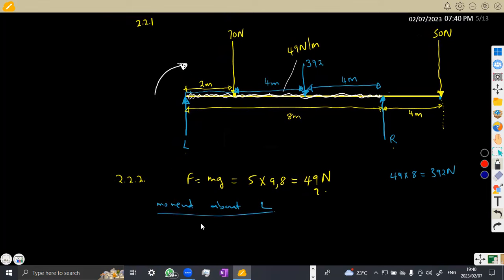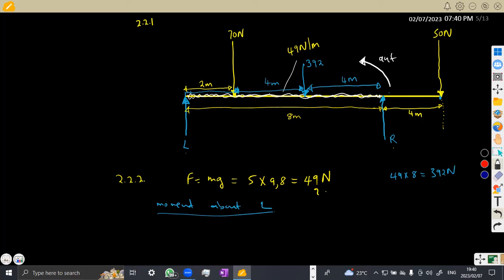So I'm going to represent in this case all the clockwise that we are going to have. All right. So we are referring to L in this case. So that means we are now back to R, okay? So back to R here in this direction, it is going to be an anti-clockwise. So we're referring to R back to L. So what is the distance between R and L?